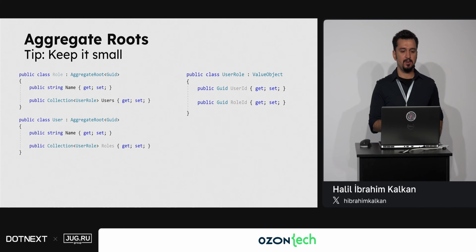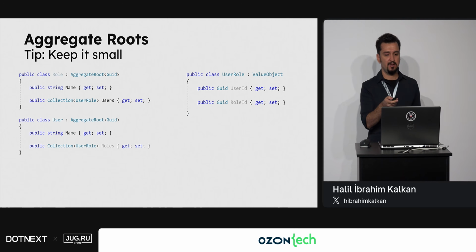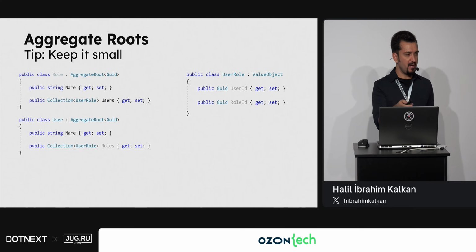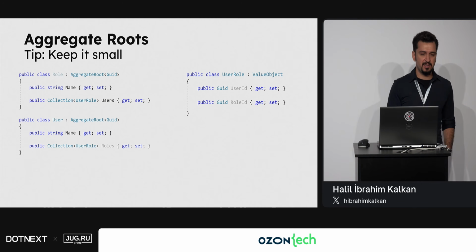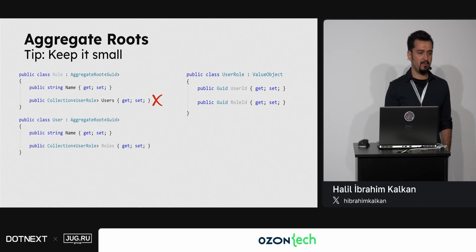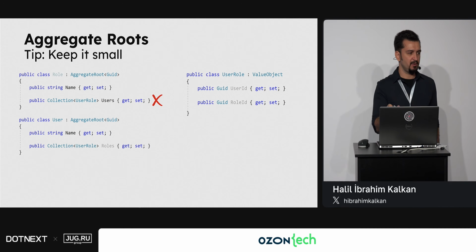For this example, we have a role aggregate root and a user aggregate root. Role has a collection of users, and user has a collection of roles. The first is not good, because a role can be assigned to thousands, maybe millions of users.